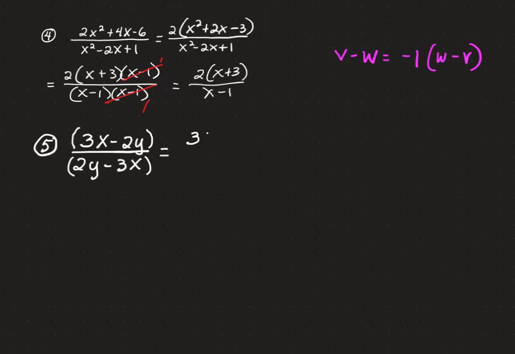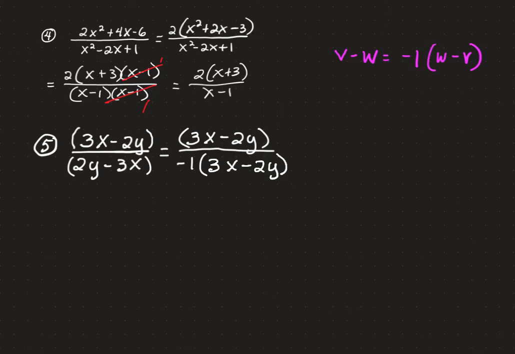So on the top we have 3x minus 2y in parentheses, and on the bottom we have 2y minus 3x, and I just showed you how you can factor out a -1 to change the order and change the signs of the terms in a binomial.